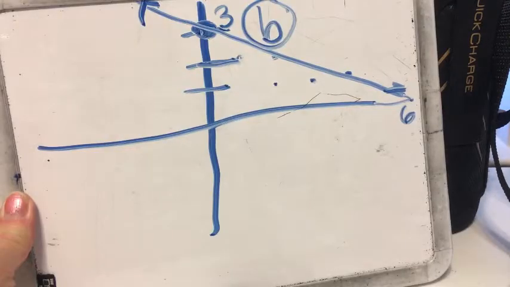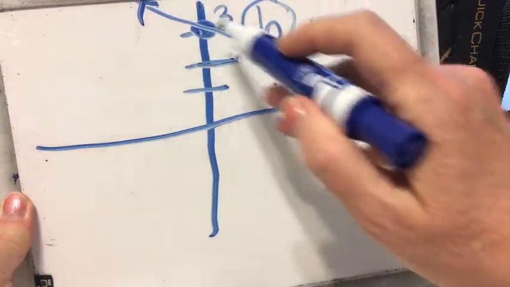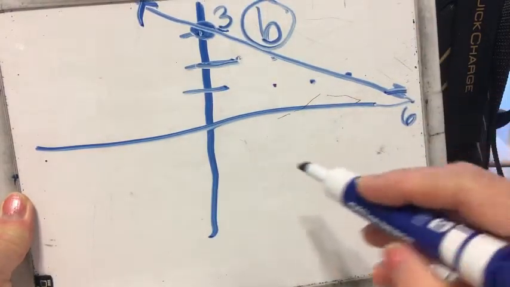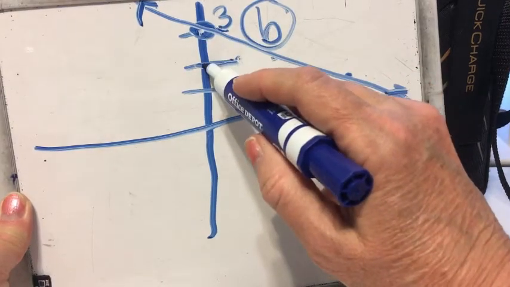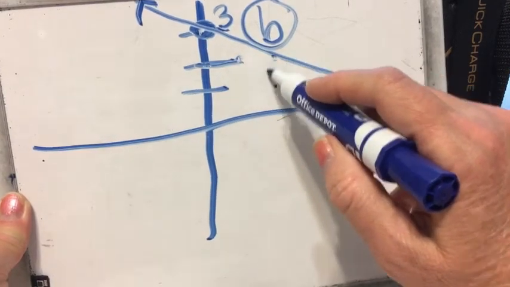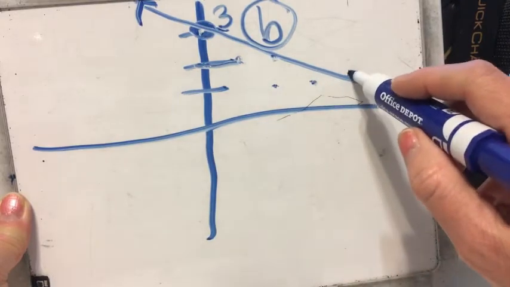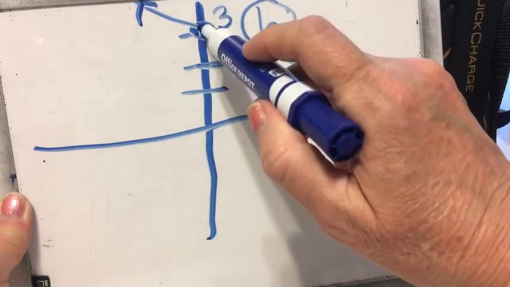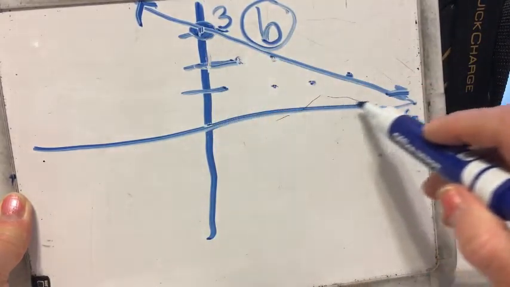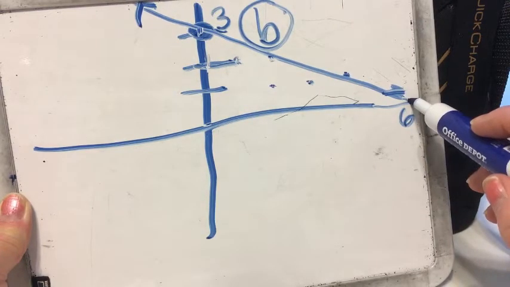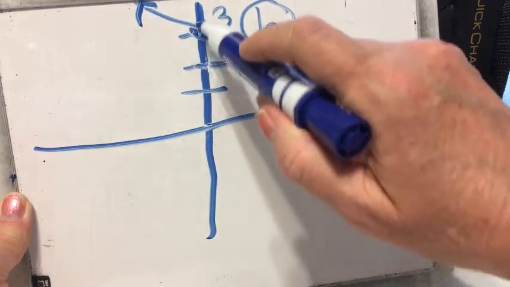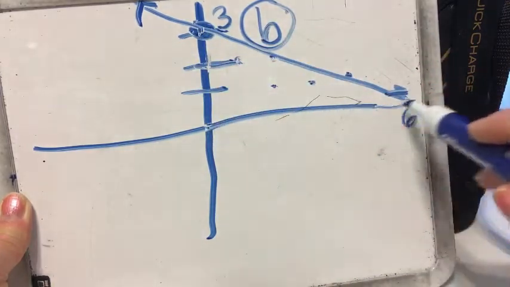Here's a picture of the B line, and the B line has a negative slope. So the slope is going down 1, right 2. So if we look at it, 3, 6. This is the point 6, 0. It's the x-intercept, and this is 0, 3. 3, 6.